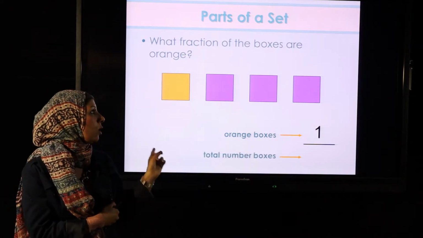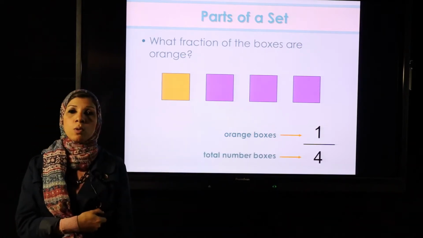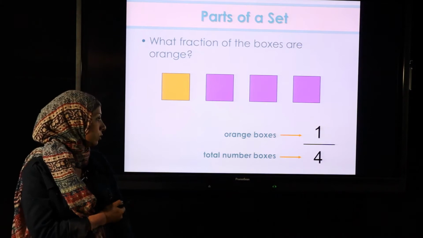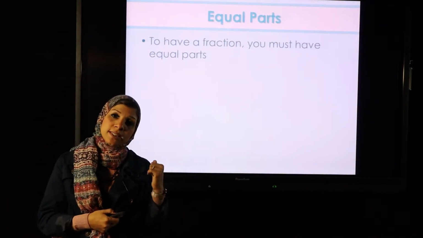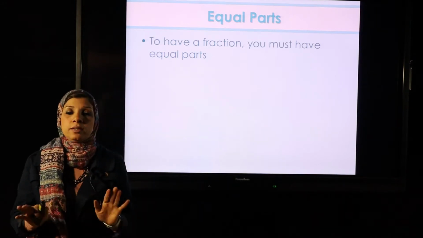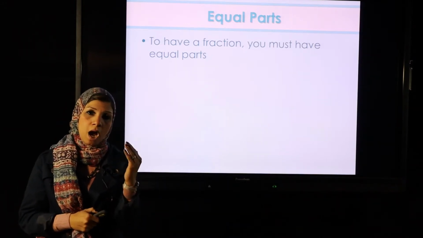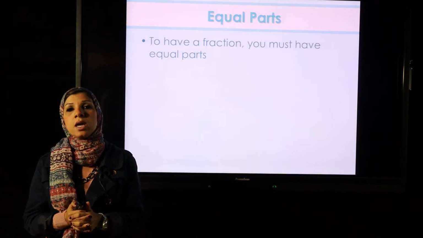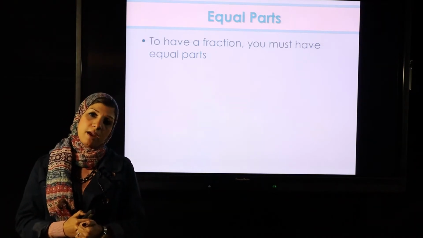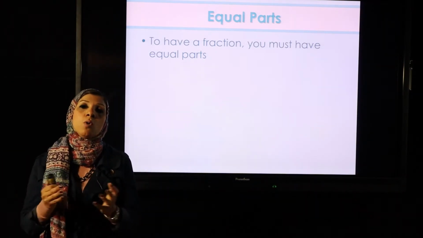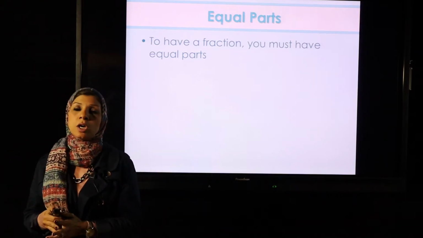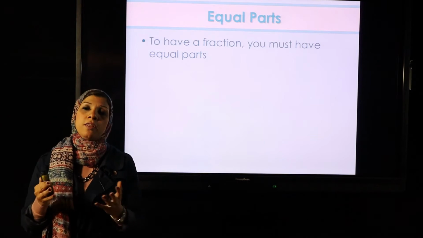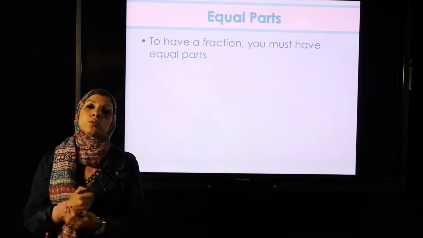And how many of all the colors we have will be 4, the total number of boxes. So as we see, in a fraction the number which is up is the colored part which it asks about, and the number which is down is all the parts we have, the number which is colored and the number which is not colored, which means all the sets or all the objects we have.